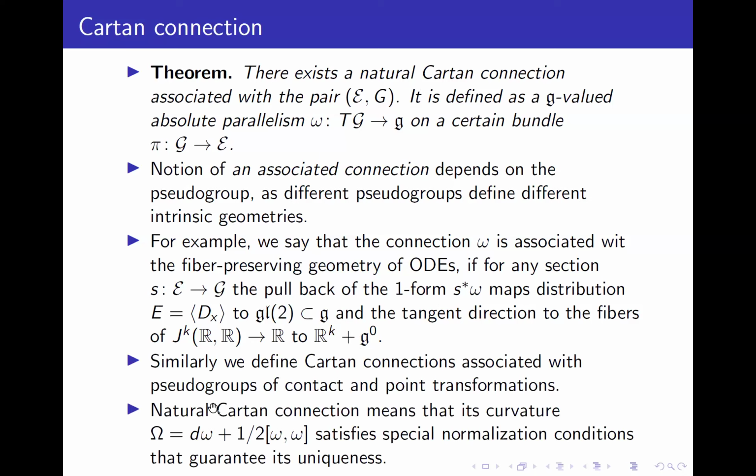And to define what natural connection means, we need to deal with the curvature. So we need to impose certain conditions on the curvature of this connection. And again, these conditions are somewhat similar to the construction of a Levi-Civita connection, where we say that we'd like our connection to have no torsion. So how do we define such conditions in this case?